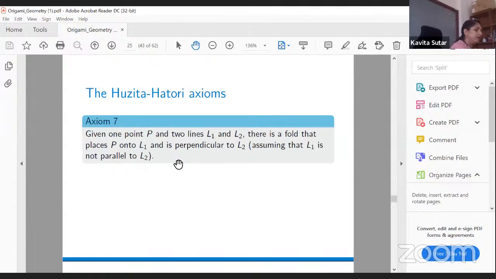L1, L2. Okay, so I will have to search around for this fold actually. There's a fold that places P onto L1, but I also want it to be perpendicular to L2, which means that L2 has to be placed onto itself. This fold is actually going to go beyond my paper, so I will take a positioning somewhere else.